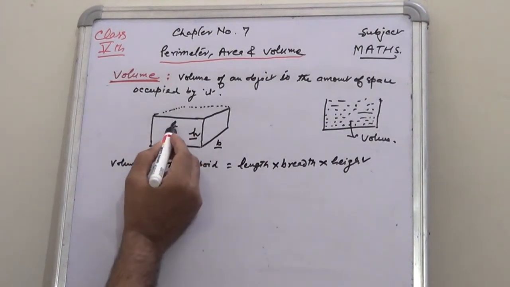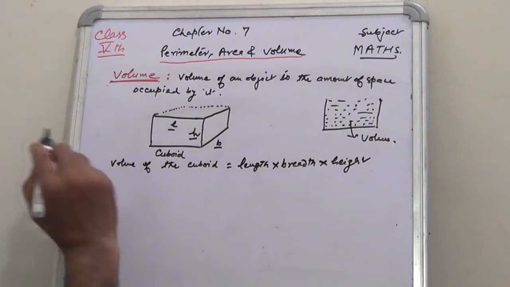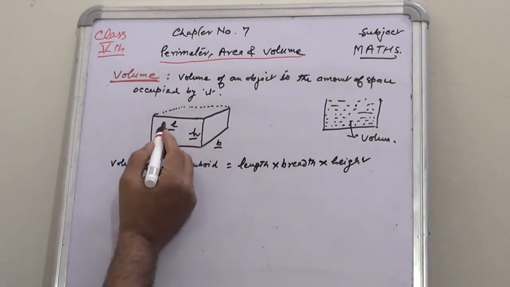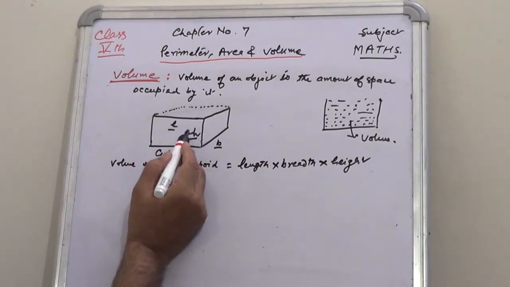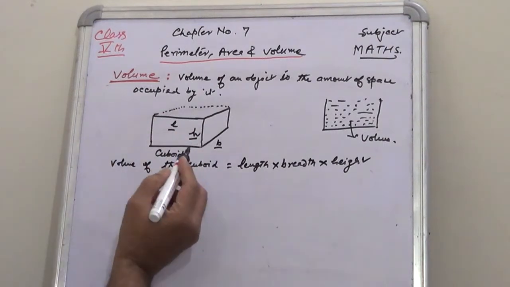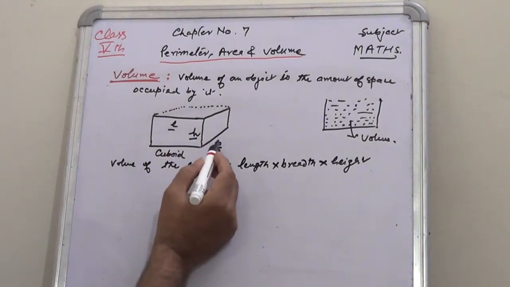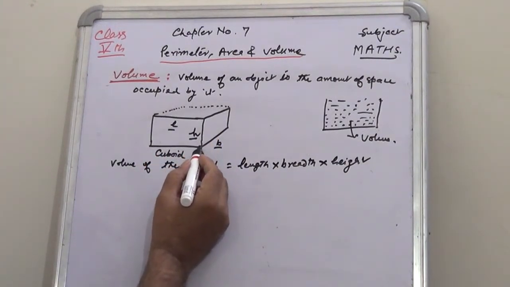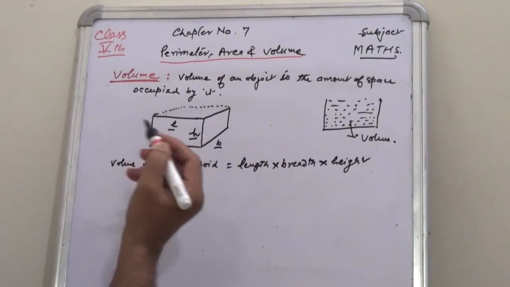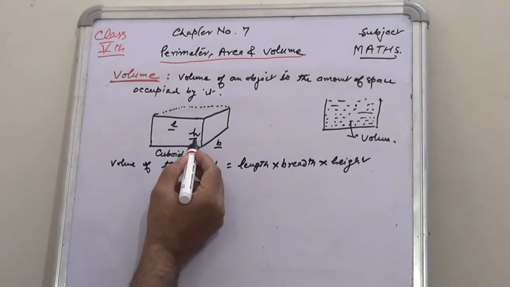It was a two-dimensional figure having only two dimensions, length and breadth. So how did we calculate the area? We multiplied length by breadth, and that gave the area. Now length and breadth are already given in the cuboid, but one additional physical quantity, height, is also given.